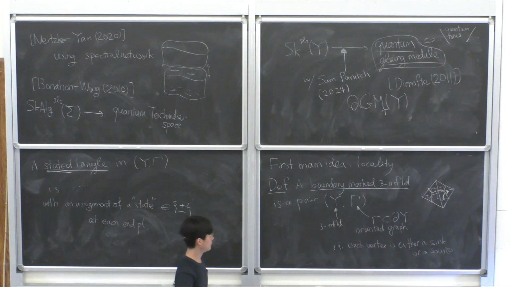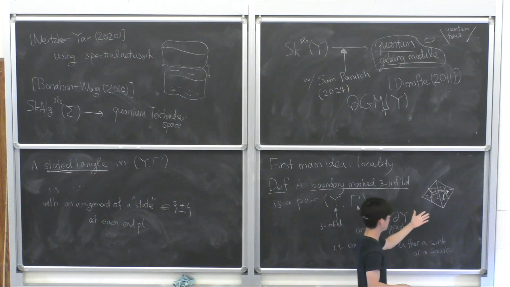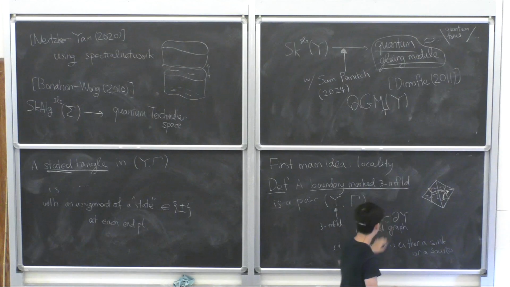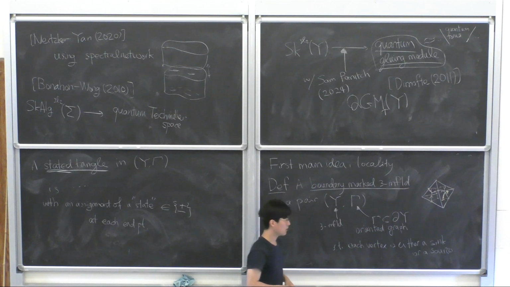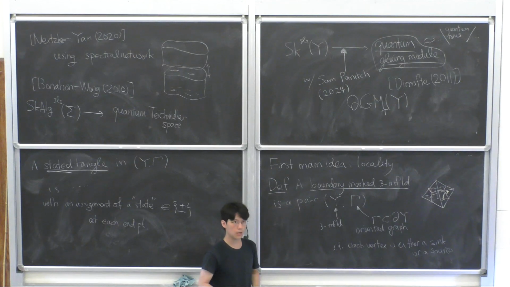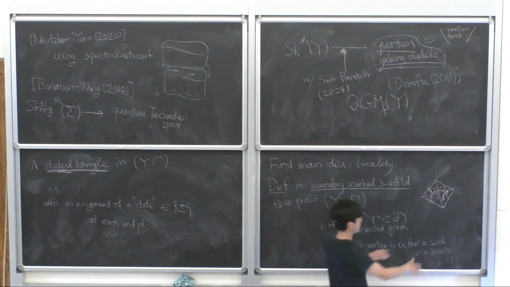Maybe let me just say, I don't know if this will be an answer to your question, but basically these boundary markings are encoding or modeling some information from a three-dimensional spectral network.